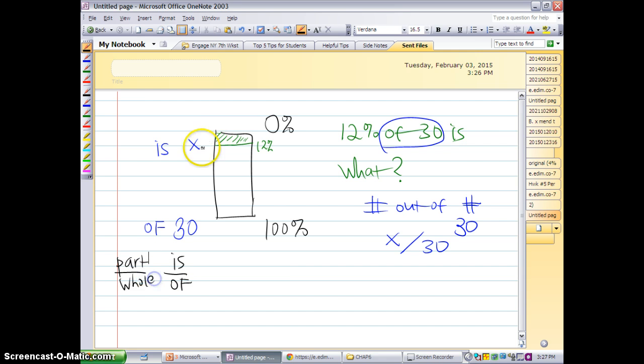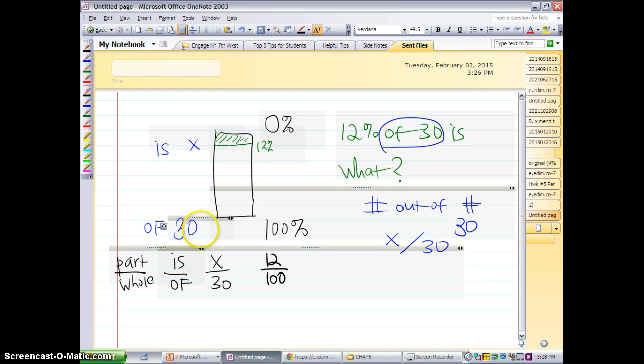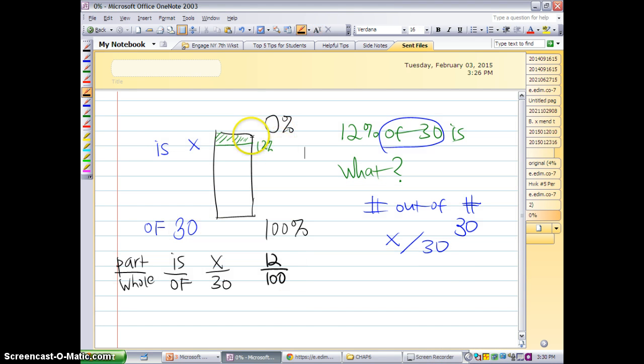And so we're taking this little part, 12%, some amount x out of 30, so x out of 30, and we're comparing it with our fraction, which is going to give us 12 out of 100. And that fraction is equivalent to the percent that we have. And our percentage is 12%, which is represented as a number out of 100.